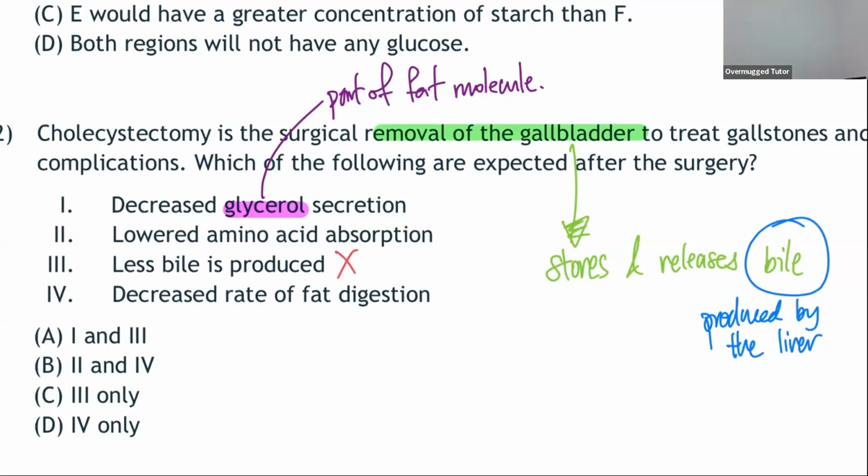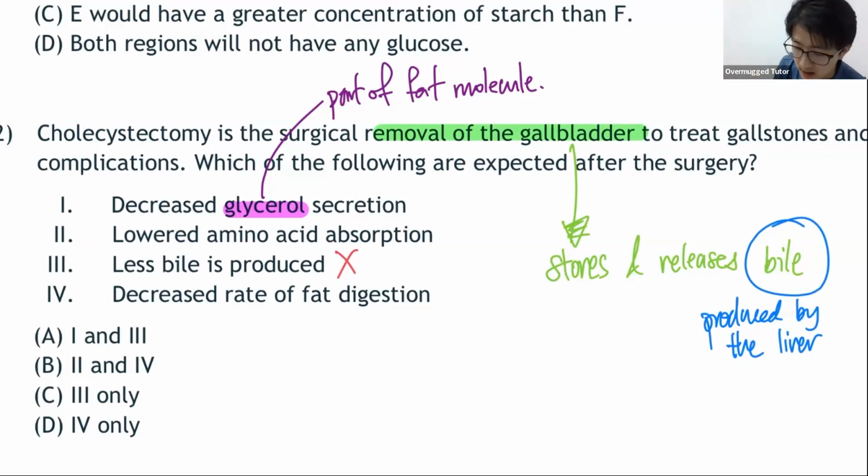What is the function of bile? Do you have an answer? Function of bile? Emulsify fat. What is emulsification? Very good. So, with enough bile, I will be able to break up those large fat droplets into smaller ones, increase surface area, higher rate of fat digestion.